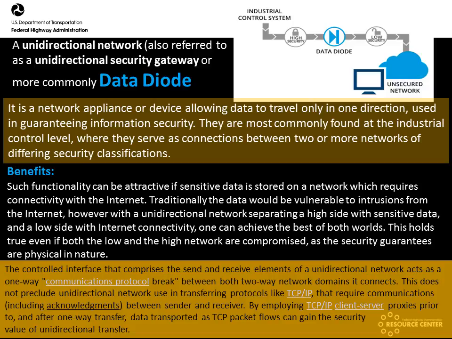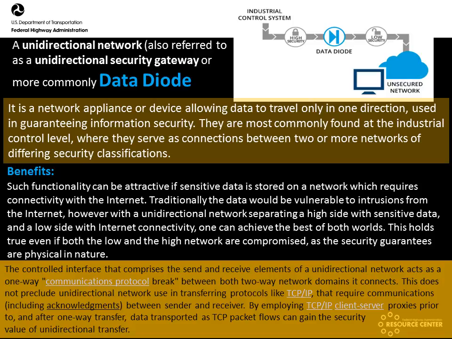A unidirectional network, also referred to as a unidirectional security gateway, or more commonly known as a data diode, is a network appliance or device allowing data to travel only in one direction, used in guaranteeing information security. They are most commonly found at the industrial control level, where they serve as connections between two or more networks of differing security classifications.